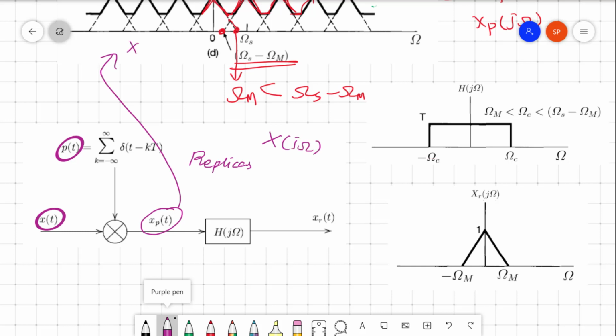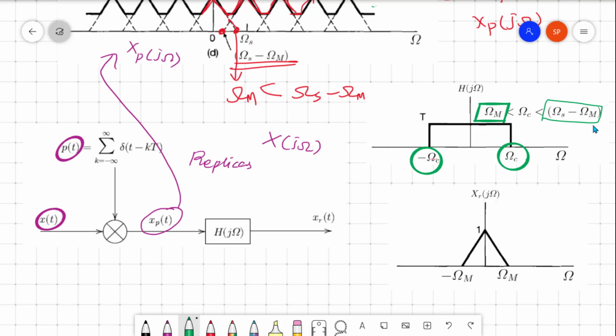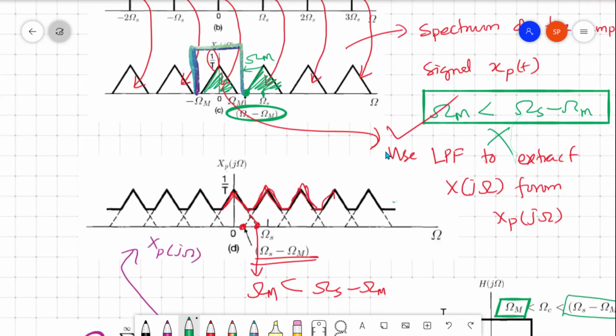The replicas is Xp of j omega. So we have to use a low pass filter for that, and there is a condition: the cutoff frequency of the low pass filter omega c must be in between the maximum frequency omega m and omega s minus omega m. So why does this condition need to be satisfied?